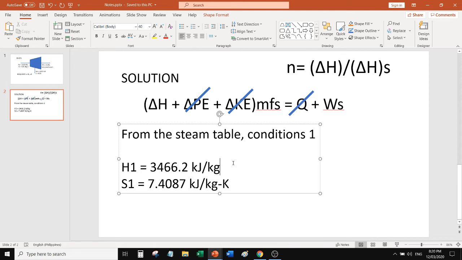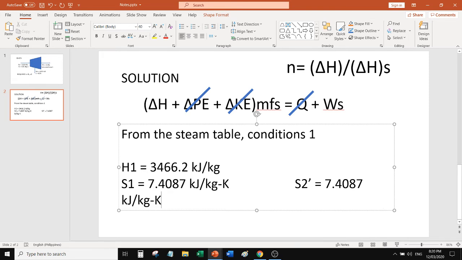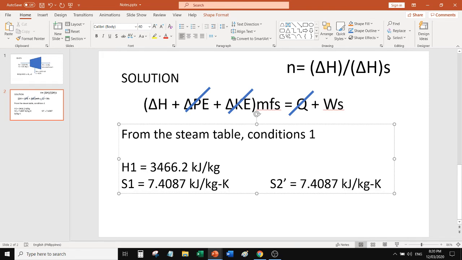So, ang una nating pwedeng gawin ay mag-assume tayo ng isentropic expansion. Sa S natin kunin yung X mamaya. Magagamit din pala natin yung efficiency. So, if isentropic expansion, pangalanan natin siya ng S2 prime, 7.4807 kilojoules per kilogram Kelvin. Pareho siya, di ba, with S1.